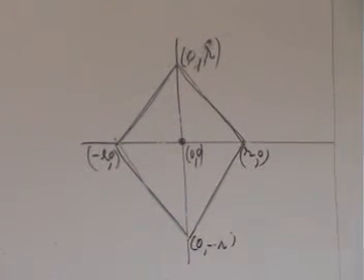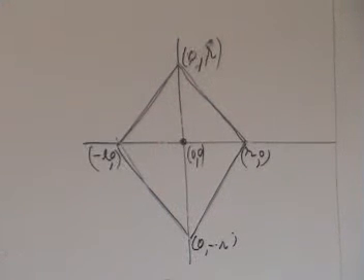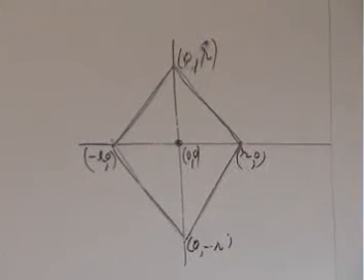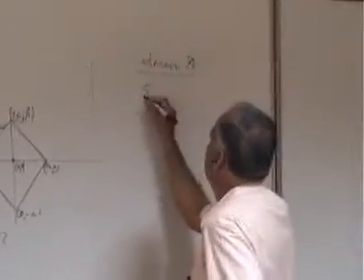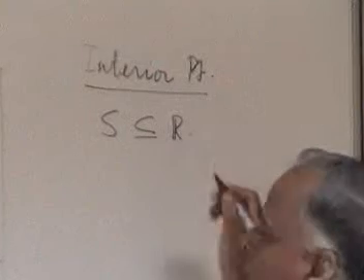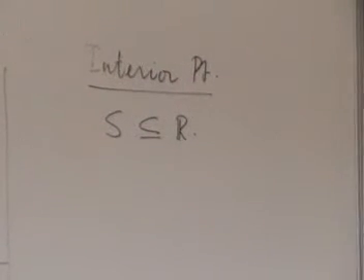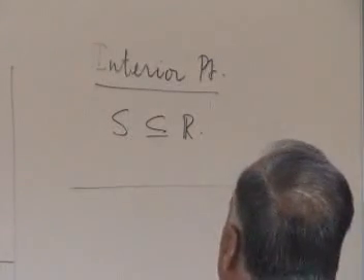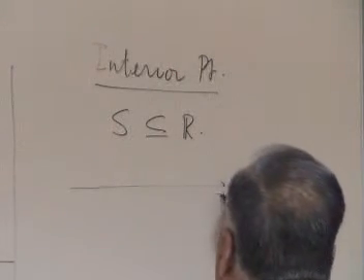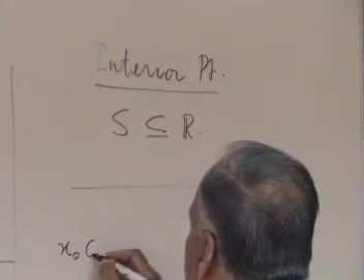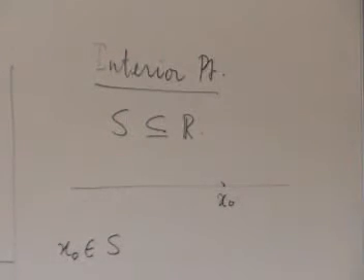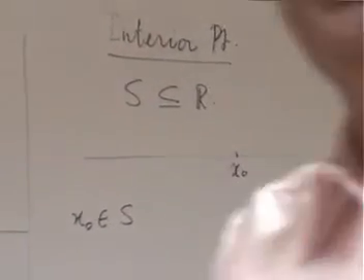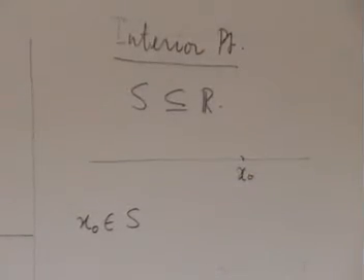Right. So now I introduce the notion of an interior point. Now suppose I take a set S in R. I don't know what the elements of R are. Suppose I have a point x0 in S. Now this x0 fellow looks to his left and looks to his right.